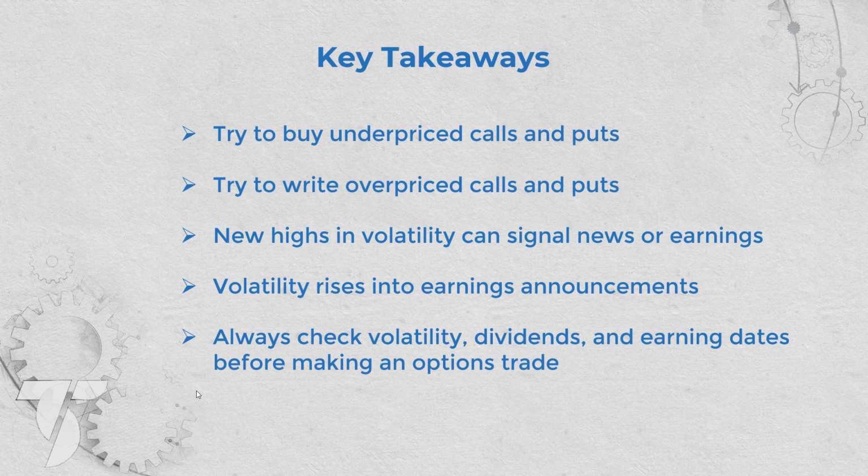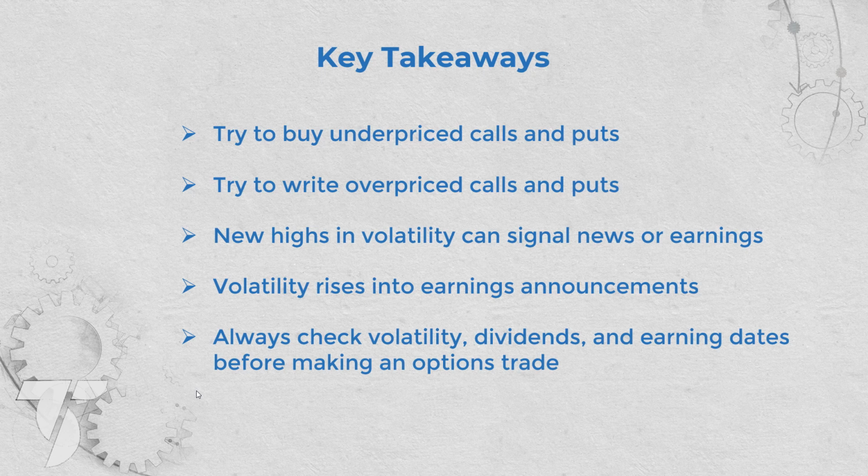Okay, some key takeaways today. We're going to try to buy options that are underpriced, calls and puts. So when we see that options are underpriced, those are options that we typically want to try to buy. When we see options that are overpriced, then we want to write those options or write spreads using those options, covered spreads, so that we take advantage of the fact that volatility is probably going to come back to the mean.